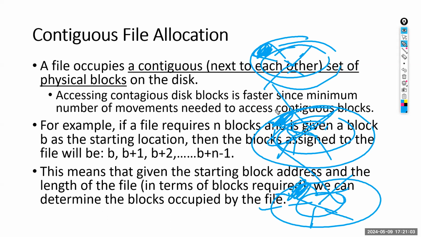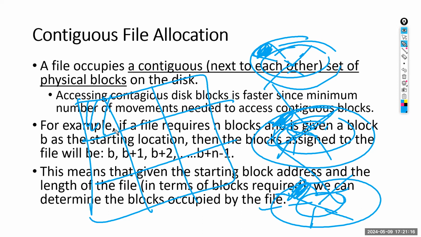Those are called contiguous blocks. That is the reality, but logically we can think of it as, if these are the blocks, contiguous blocks are something like this. That is the way we can look at contiguous file allocation. We allocate contiguous blocks to a particular file so that the full file can be easily accessed and retrieved.